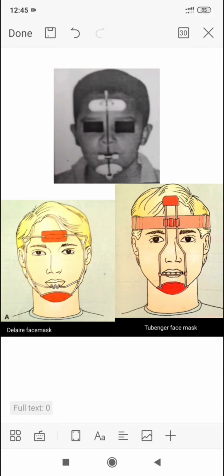Headgear and face mask are used in the maxillary arch, whereas chin cup is for the mandible. Headgear is indicated in case of prognathic maxilla, face mask in retrognathic maxilla, and chin cup for prognathic mandible.